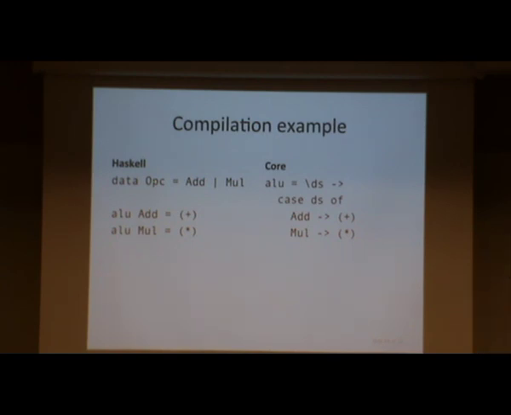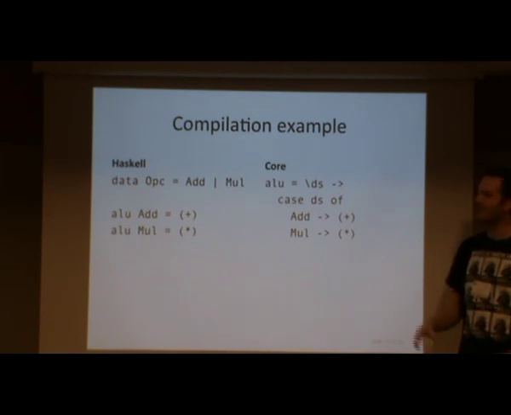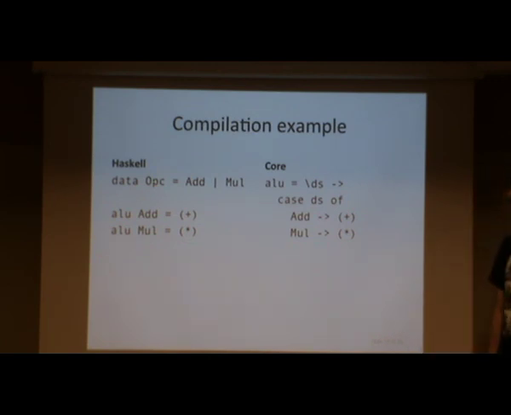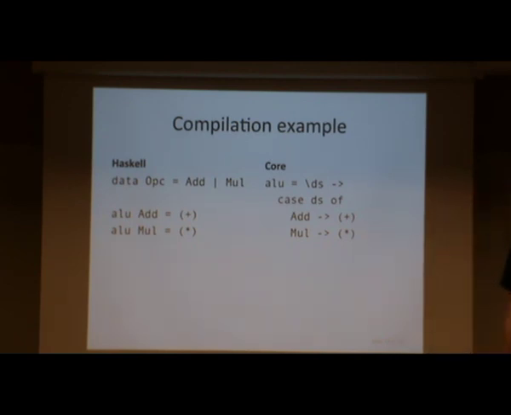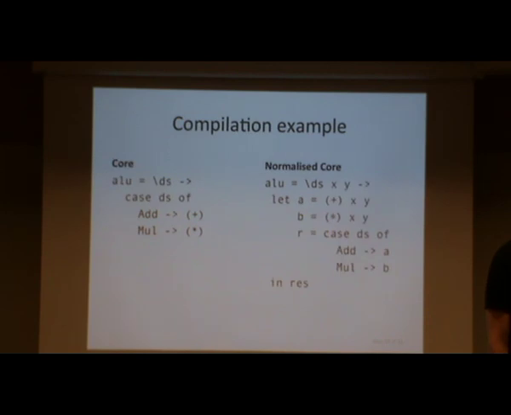For example, if you have Haskell on the left, a simple ALU that's just either addition or multiplication, it gets mapped to Core on the right. This is not in the normal form that we want yet. Then we go from the Core on the left to my normal form.